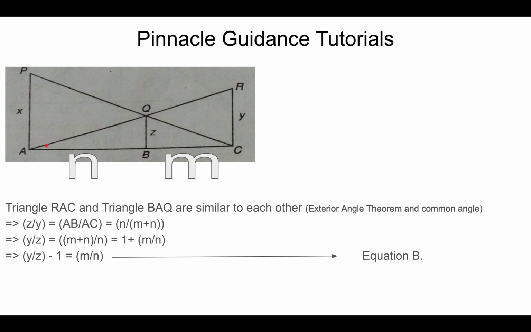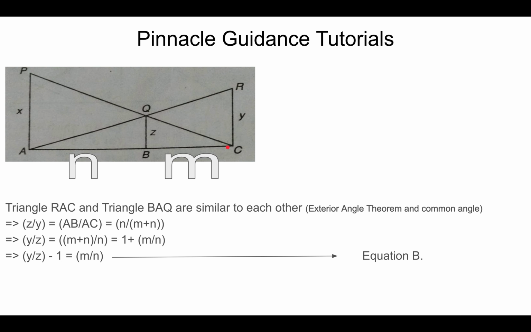So in the smaller triangle, Z by Y is equal to AB upon AC, the side opposite to this angle.